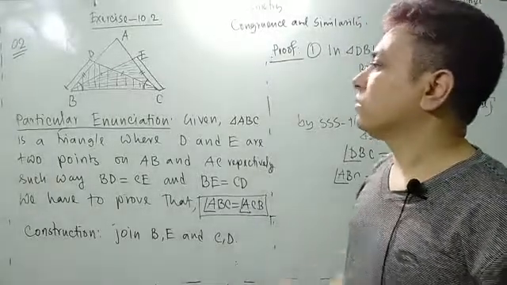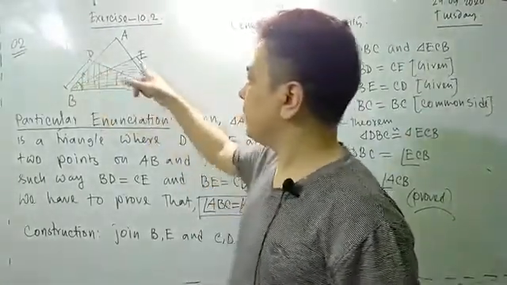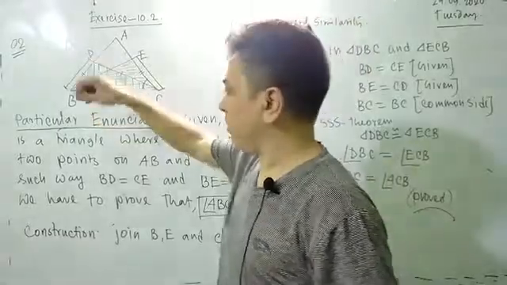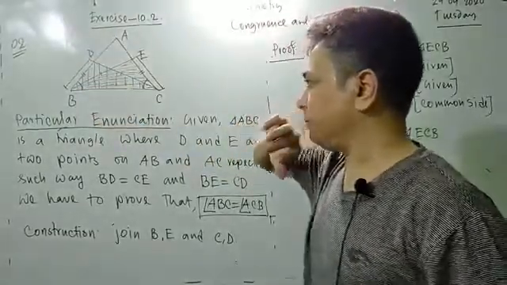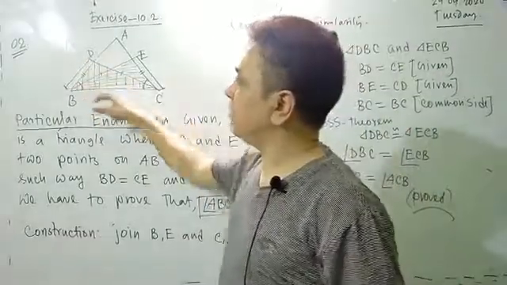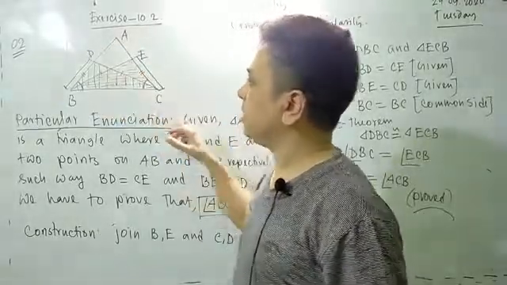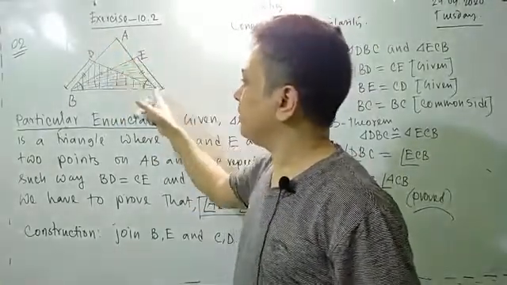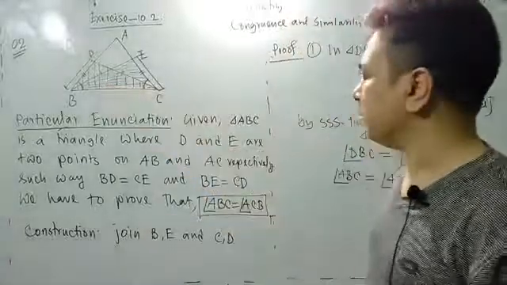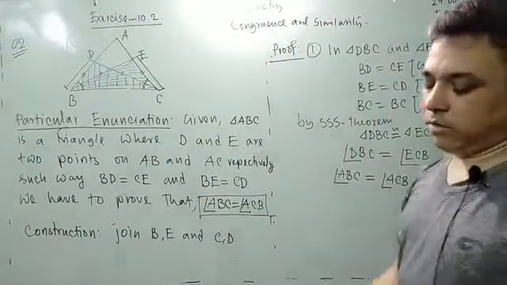So we can say angle DBC equals angle ECB. So angle DBC and angle ABC are the same, and angle ECB and angle ACB are the same. I think all of you understood.